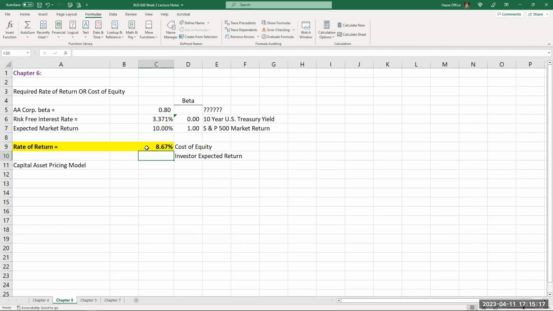And there it is, 8.67%. That's the expected rate of return off the equity of this company as of today, with the risk-free interest rate, the market return rate, and this particular risk of this company, AA Corp.